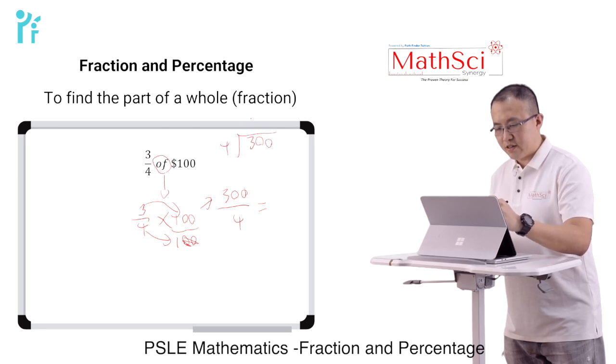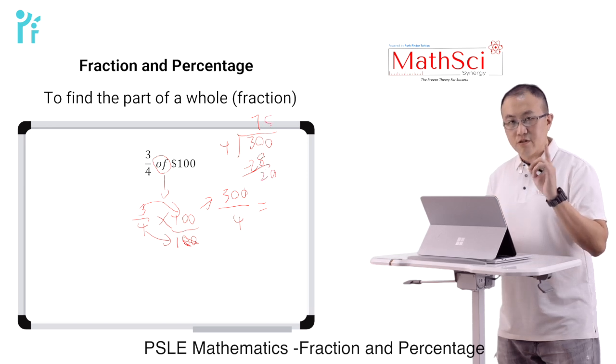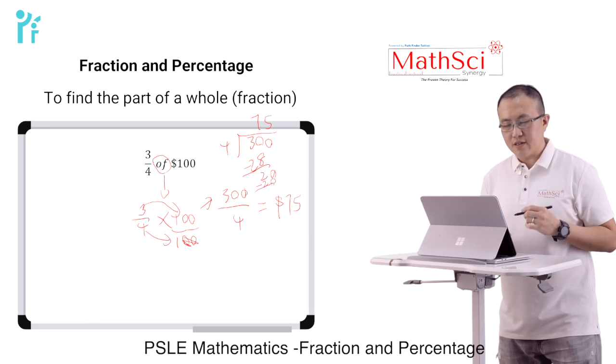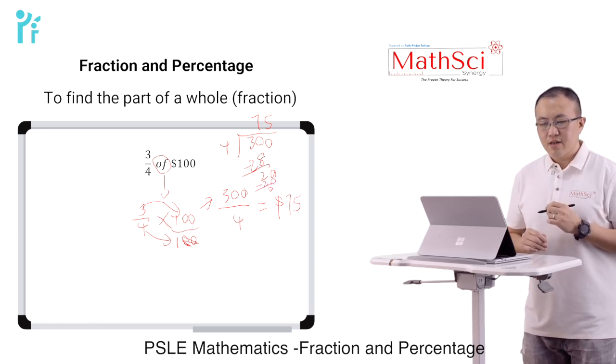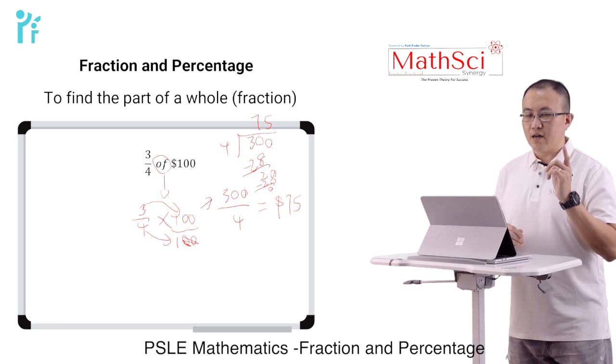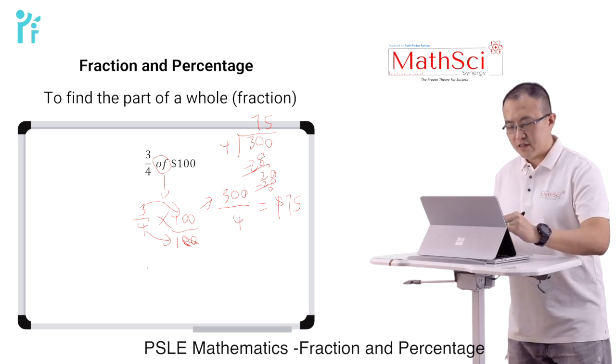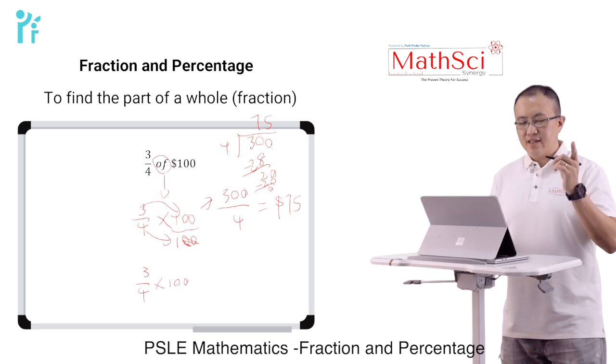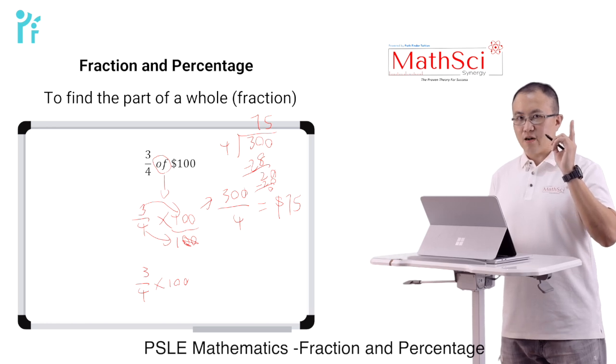So in actual fact, this is a total of $75. Or alternatively, if you are familiar with multiplication of fractions, we can take 3/4 multiplied by 100 and do a cancellation, because we remember that 100 has a factor of 4.